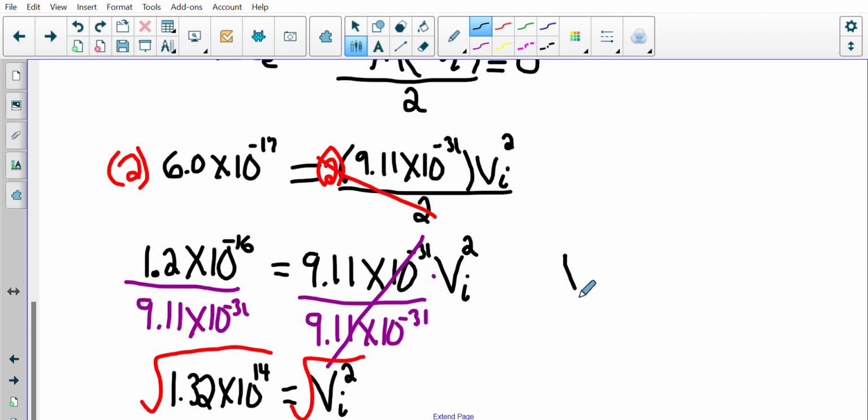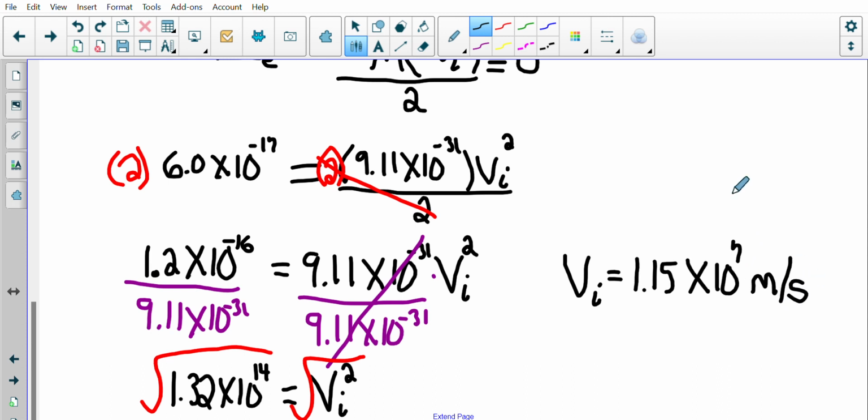And so my initial velocity of my electron, because it was moving, let's square root my answer. And I end up with 1.15 times 10 to the power of 7, and again we're using our standard units here, and so it is meters per second.